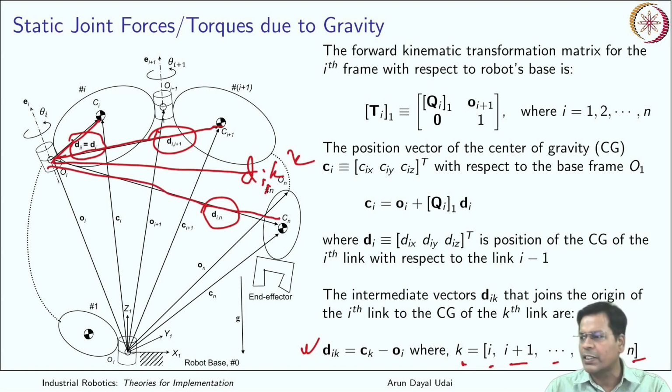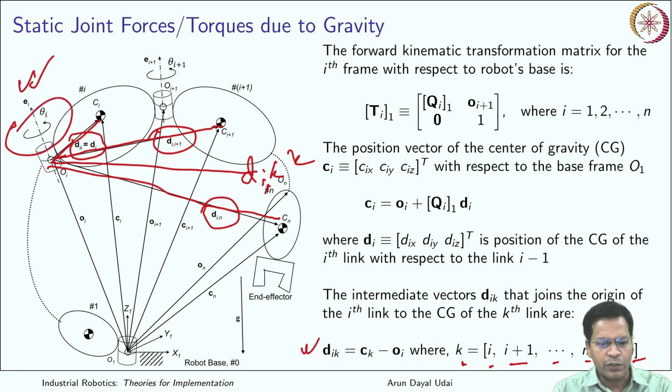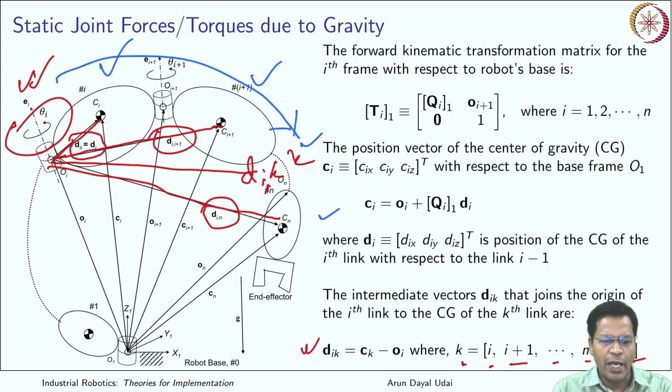So why am I considering this? Because all the links that come after the ith joint matter. If I am calculating torque at this joint, all the links that come after this joint will have their influence on the final torque, or the moment that is received here.